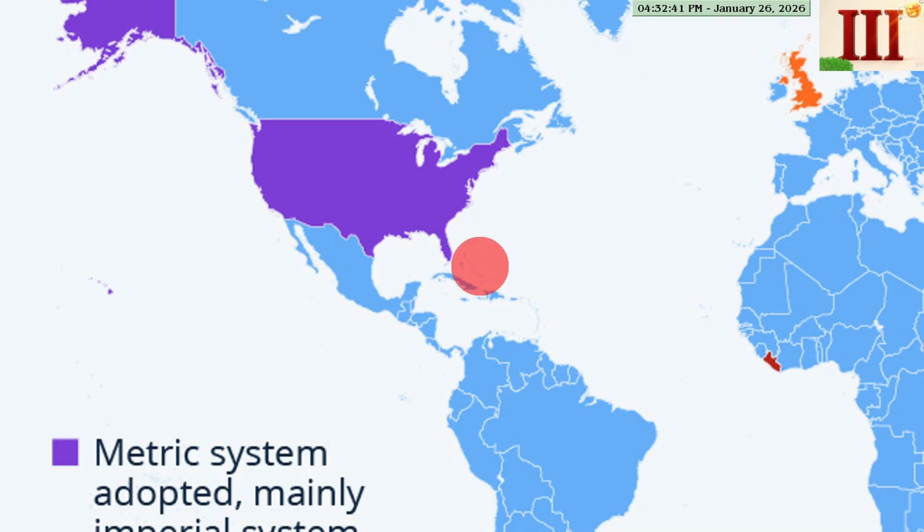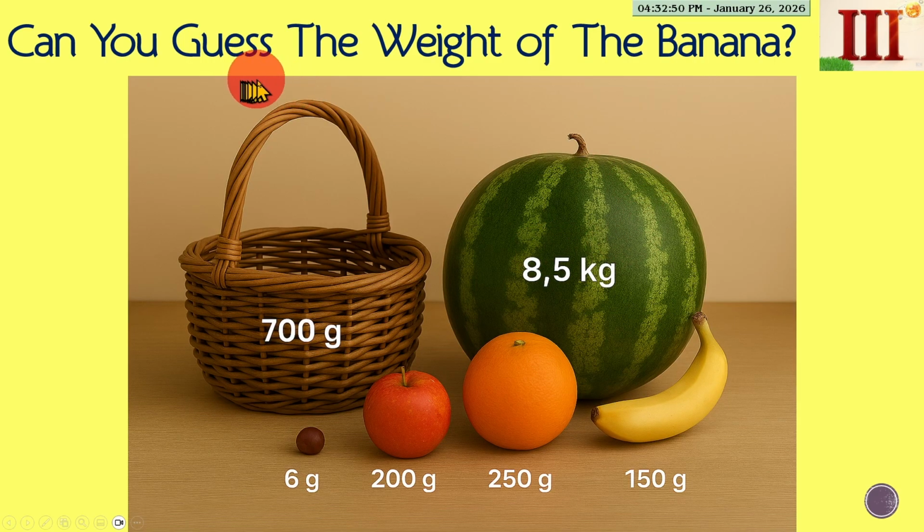So if someone says the temperature is 20 degrees Celsius, we don't know if that's hot or cold. No idea. So if you were to ask a Bahamian to guess the weight of a banana that weighs 150 grams, he would look at you cross-eyed.